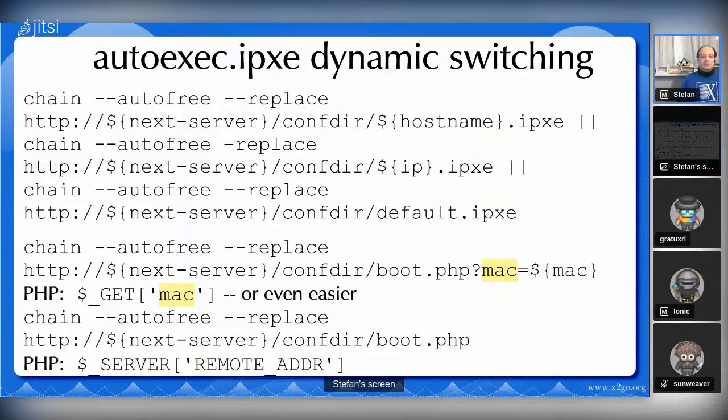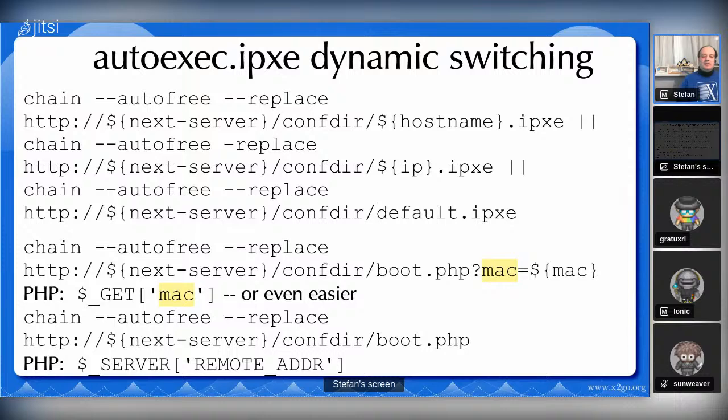It can also load different configurations based on the client hostname or IP address. And if that's not enough, since we're loading the file via HTTP, you can also use a PHP script or similar to generate a dynamic configuration. So either by passing variables in the URL and parsing them in the script, or by looking at the client IP under which the request was made.